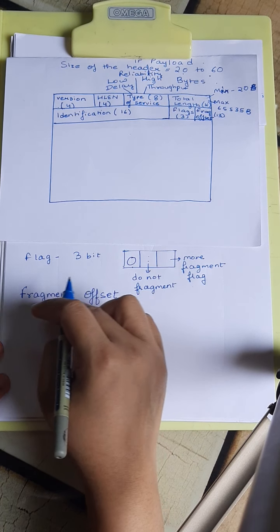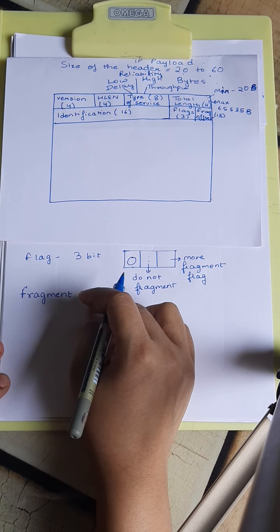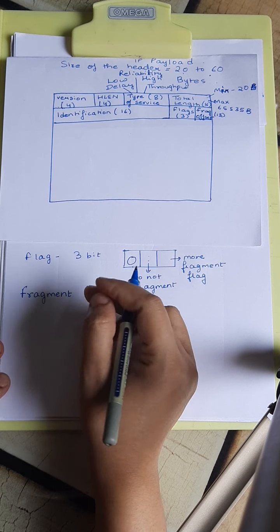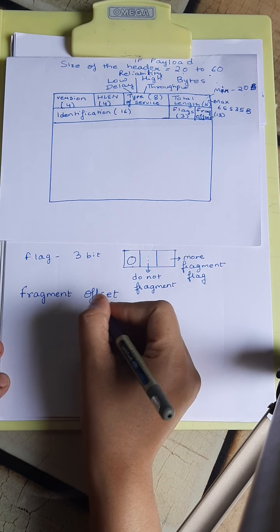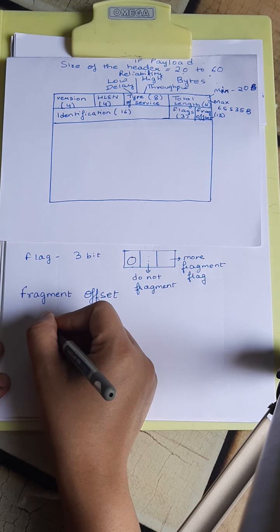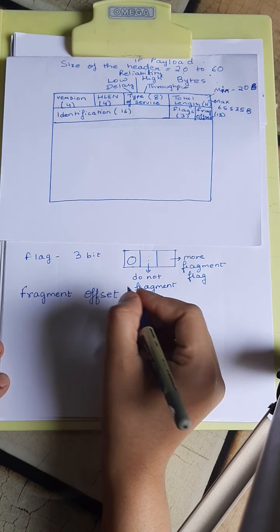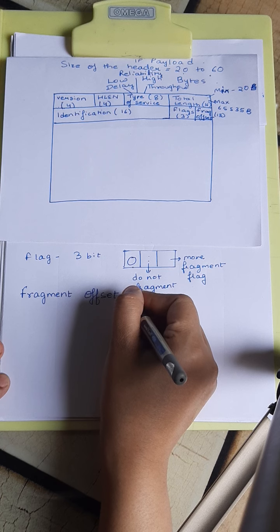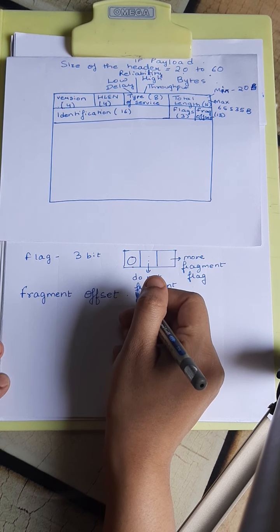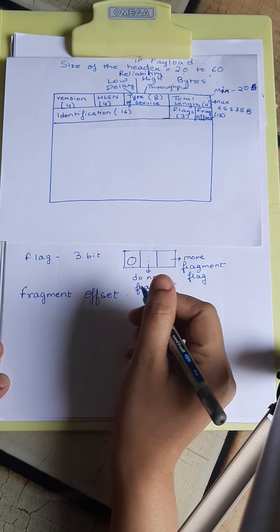This fragment offset is going to tell about this information. It will tell about the number of bytes ahead your particular fragment is in a particular packet.